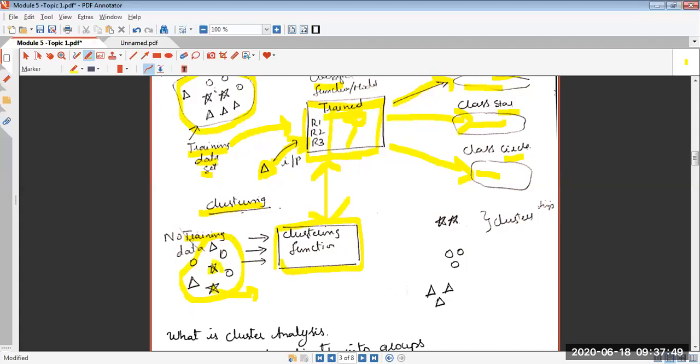So the clustering function will determine these two objects have similar properties, and it will put them in one cluster, one group. Next, it will start comparing, for example, the circle. It will take a circle object and start comparing it with other objects.